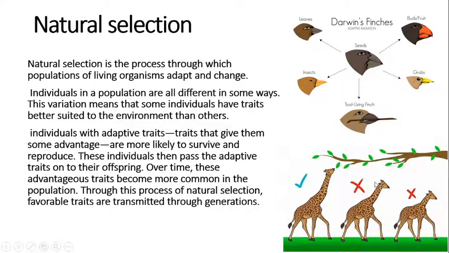So these individuals with adapted traits that give them some advantages are more likely to survive and reproduce, so they can grow, reproduce, and feed in specific environments. And then they pass these adaptive traits to the offspring or the new generations over time.